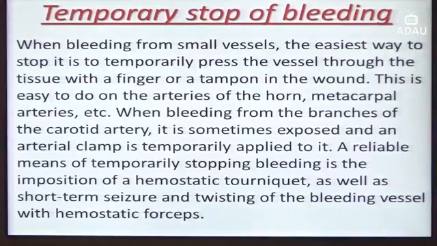Temporary stopping of bleeding. For bleeding we use mechanical methods, physical methods, chemical methods, and biological methods. To stop bleeding from small vessels, during operation we can see a lot of bloodletting, and with tamponade, which is a mechanical method, we can stop this bleeding place.